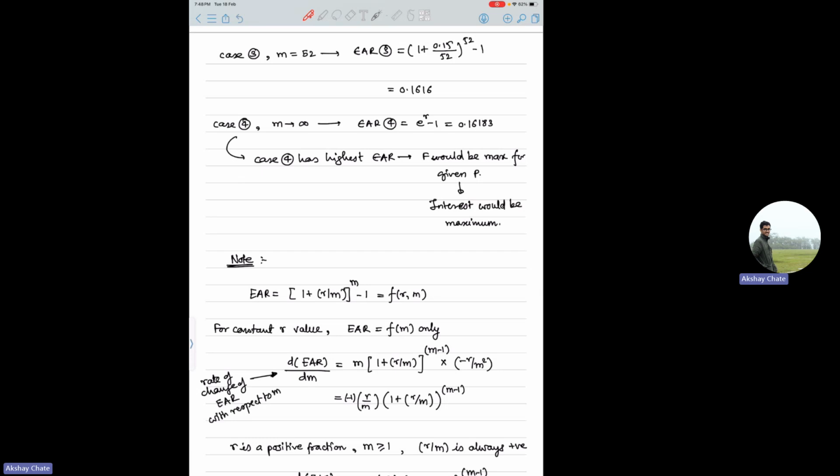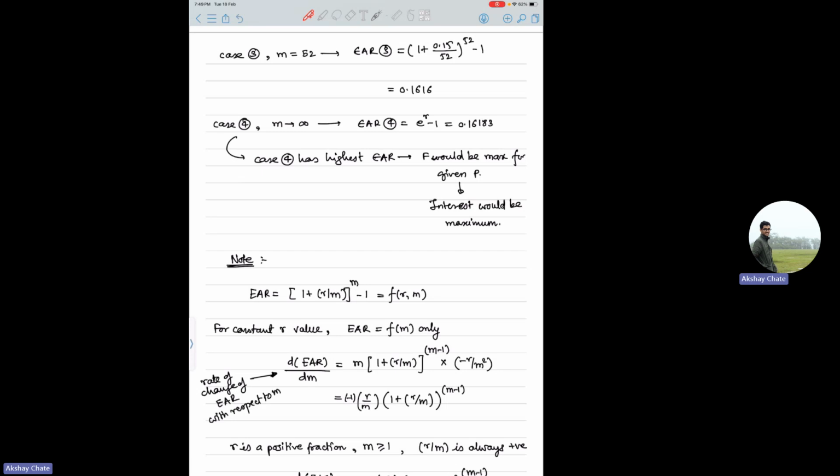I think, yeah, it will be... yeah, this differentiation is not correct, I feel, because this derivative is also there, right?